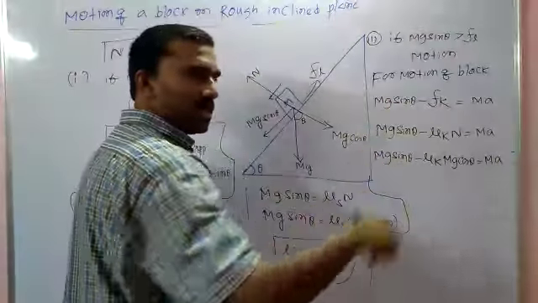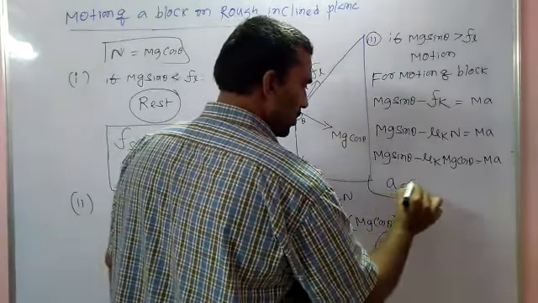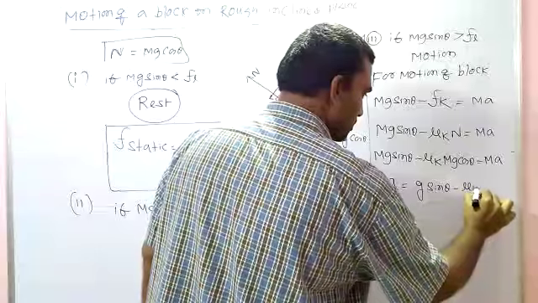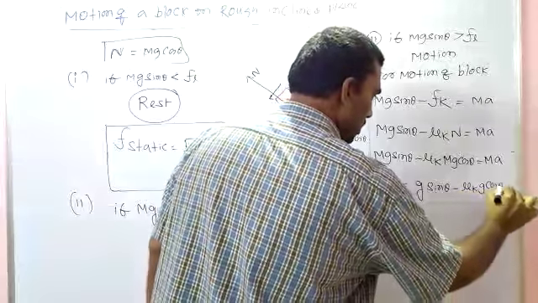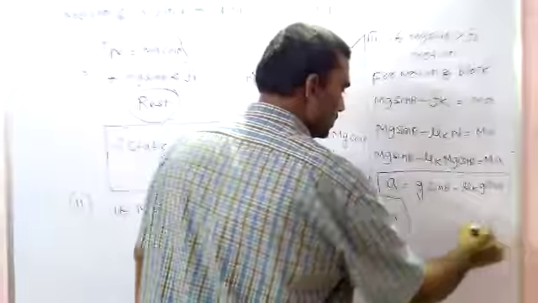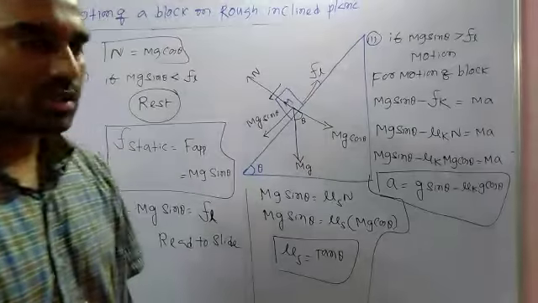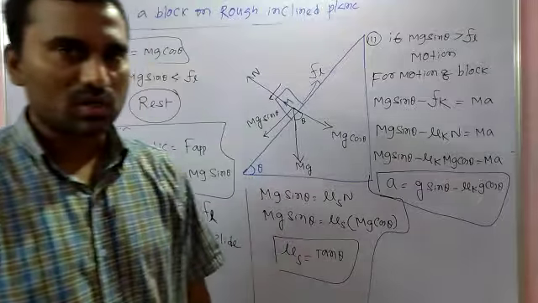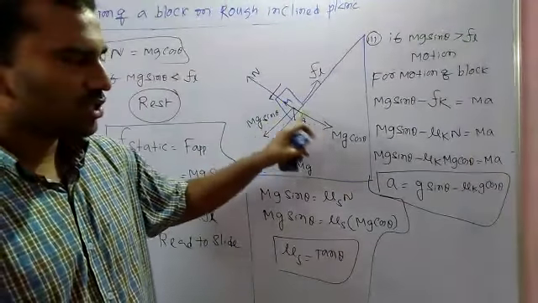On both sides the mass cancels. Therefore, the acceleration of the block is a equals g sin theta minus mu k g cos theta.